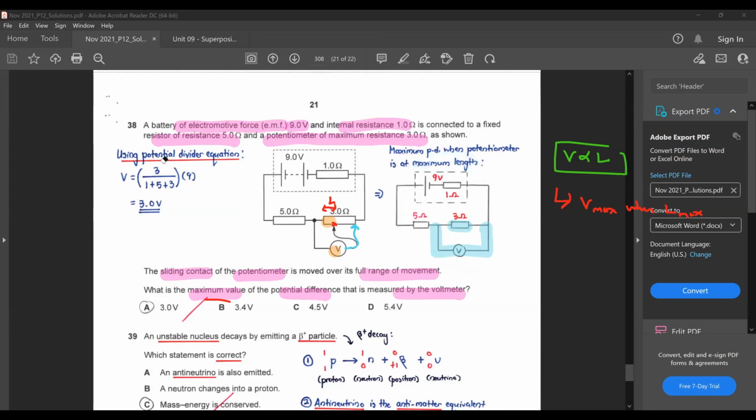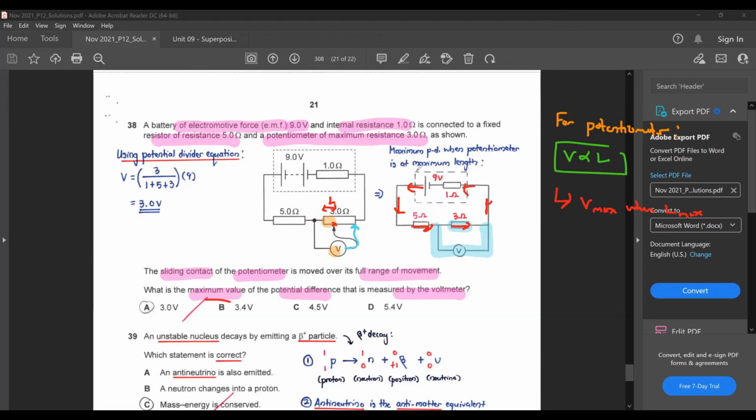Okay. So now what is the maximum PD that I will be able to get? This one you have to use your potential divider equation. This is for potentiometer. Okay. So this is the equivalent circuit. I want to find this PD. I need to use potential divider. So I know potential divider equation can be used because my current just flows like this.